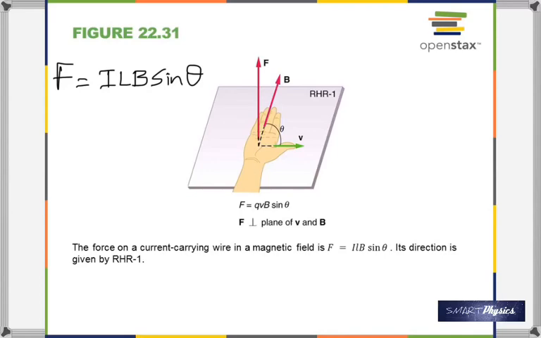This is the force acting on the current-carrying conductor. So tell me what the terms are. I is the current. L is the length of the conductor. Now that's a problem for many, but we'll get to that. What's B? Strength of the magnetic field. What's theta? The angle between the current and the magnetic field.